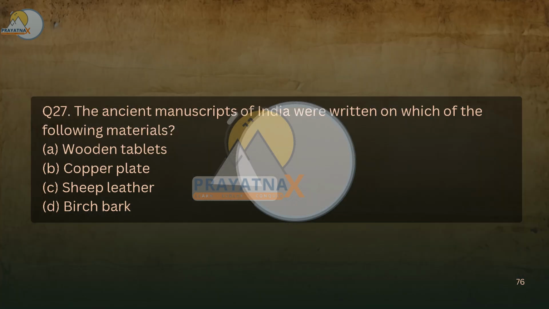The ancient manuscripts of India were written on which of the following materials? A. Wooden tablets, B. Copper plate, C. Sheep leather, and D. Birch barks. So in India, we used to write the texts on birch bark and palm leaves.